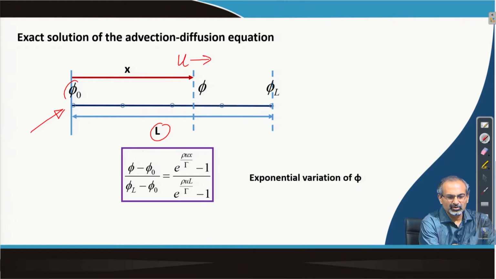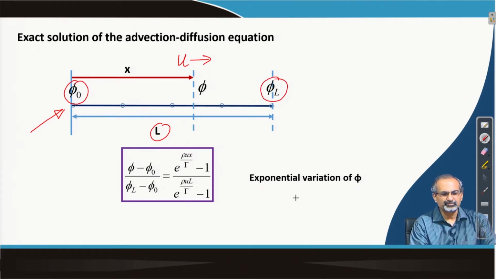Based on the boundary values at the two ends of the domain, phi naught at x equal to 0 and phi L at x equal to L, you would need to define a variation of phi based on the exact solution of the advection diffusion equation. And incidentally, the solution comes out to be like this.